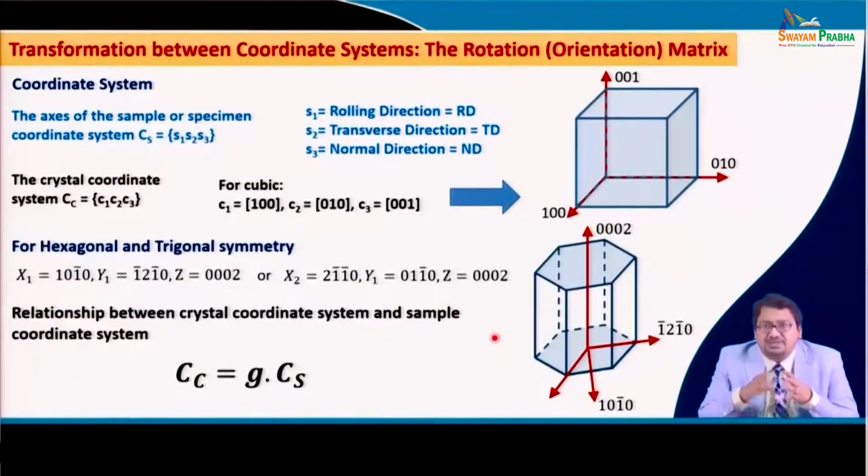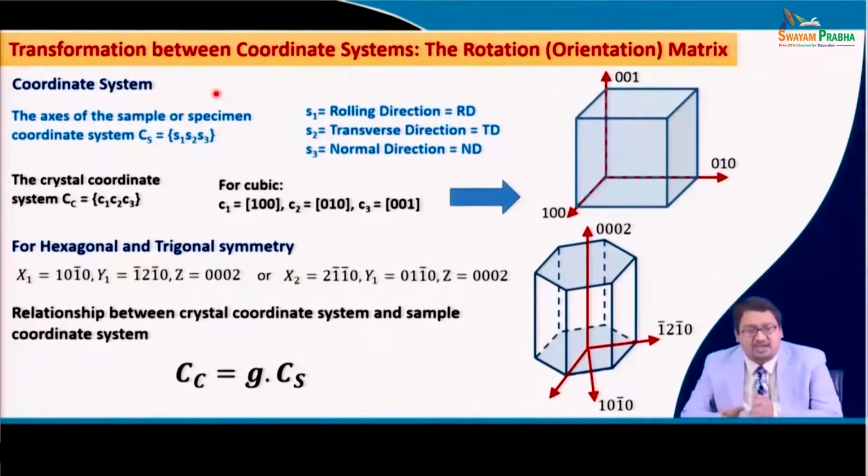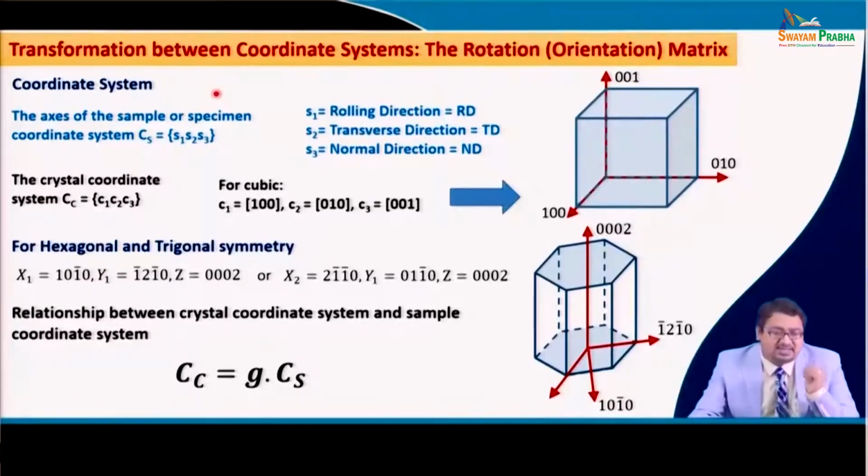when we measure texture, as we said, the texture is basically the relationship between the sample coordinate system and the crystal coordinate system. The axes of the sample coordinate system are S 1, S 2 and S 3, right, C s equal to S 1, S 2 and S 3, and in most cases we use a rolled sample, a material which has been rolled.